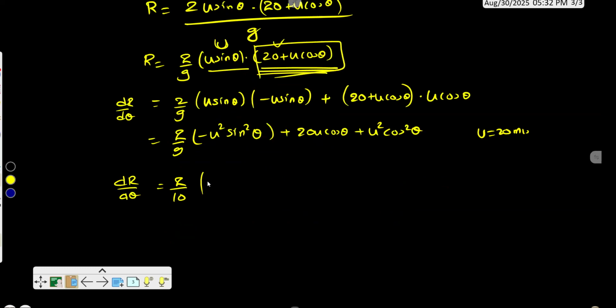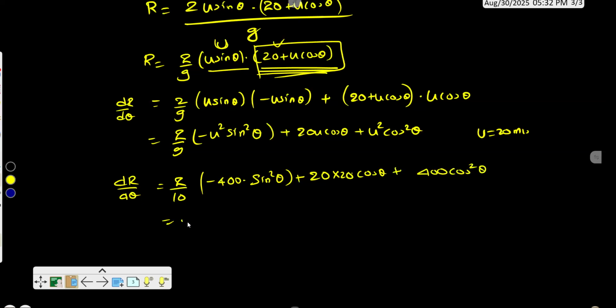Let us put that: minus 400 into sine square theta plus 20 into 20 cos theta plus 400 into cos square theta.